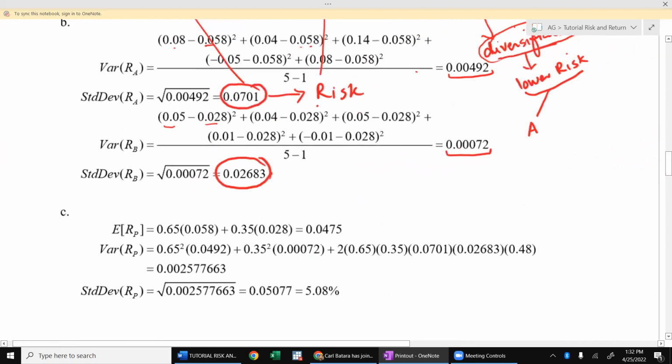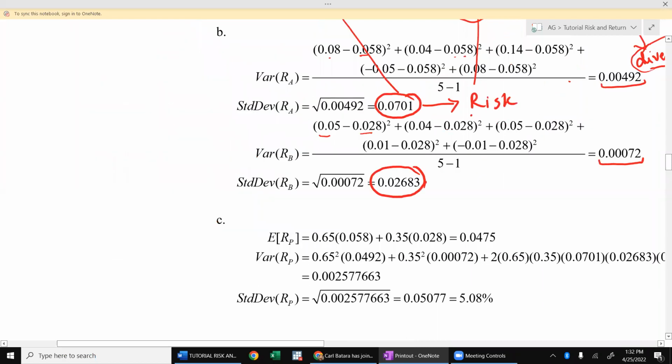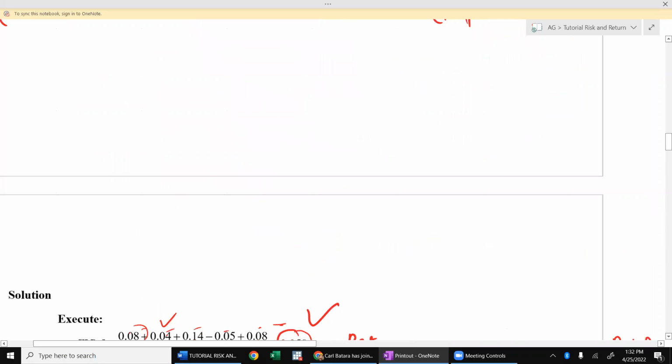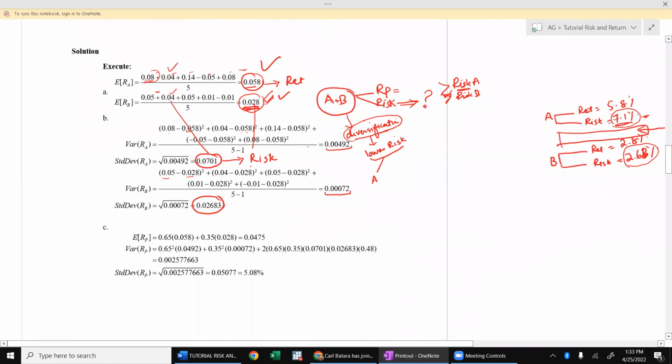First of all is the expected return. The weights were given in the question: 65% in A and 35% in B, and correlation is 0.48. It's a very simple case.